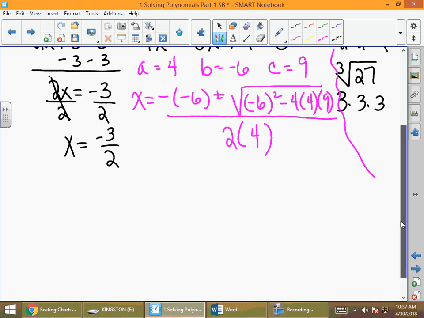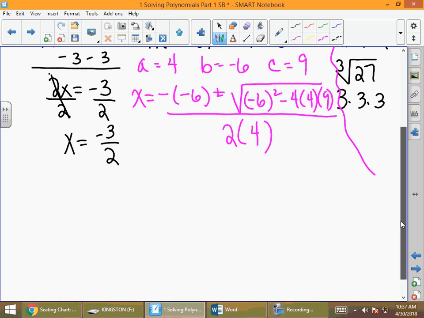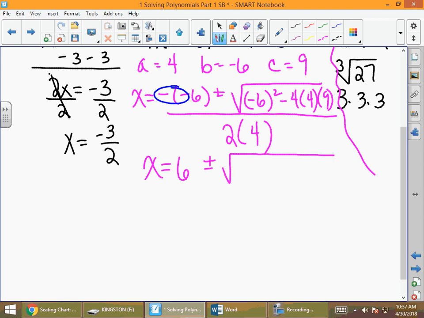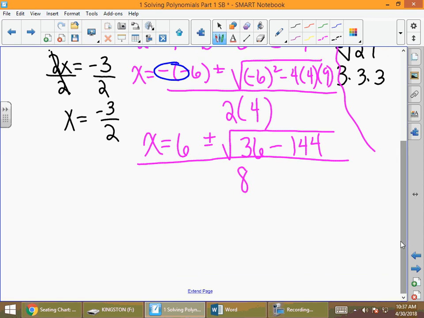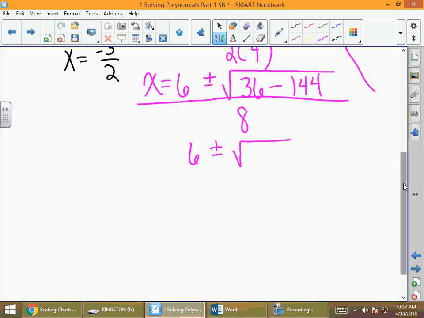We have a double negative on the first 6, and a double negative means we're going to have a positive. It's going to be 6 plus or minus the square root of negative 6 squared, which is 36, minus 4 times 4 times 9, which is 144, and then 2 times 4 is 8. We simplify a little bit more, and we get 6 plus or minus the square root of 36 minus 144, which is negative 108, divided by 8.